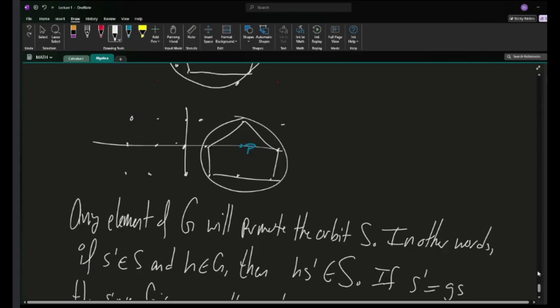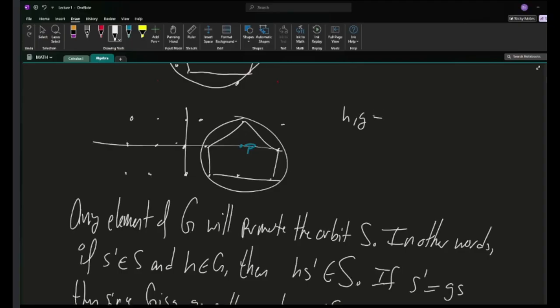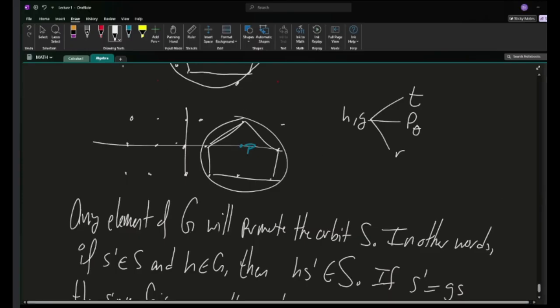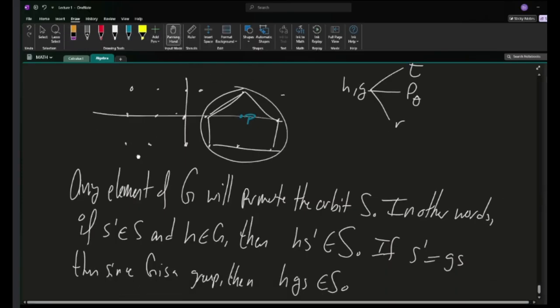Given that H and G can be a translation, a rotation, or a reflection, we're computing all these values of theta around this orbit, with all the values of G in this rotation or in this area itself.